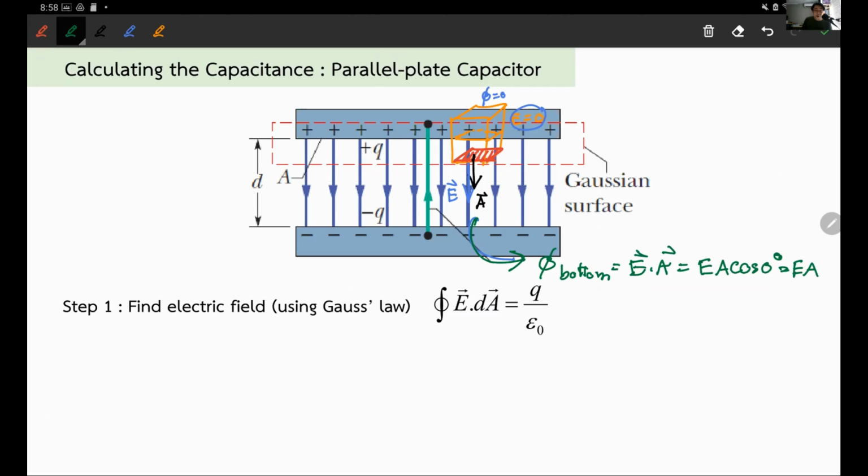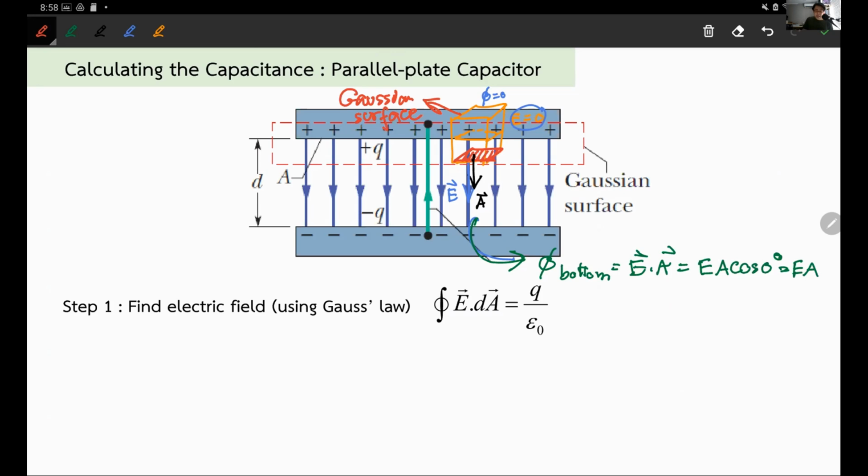Alright, and with that, I am done on the left hand side of Gauss's law. Let me write everything in full like this. So this is your Gaussian surface, the box that you just drew.